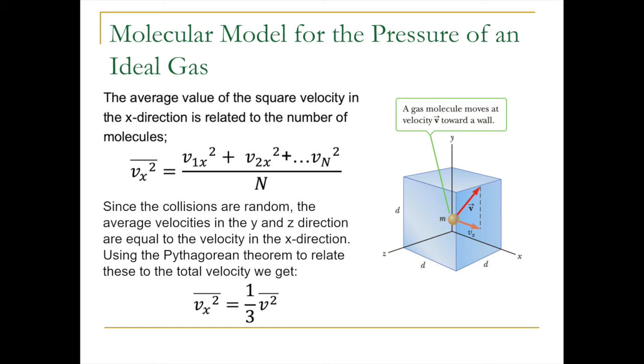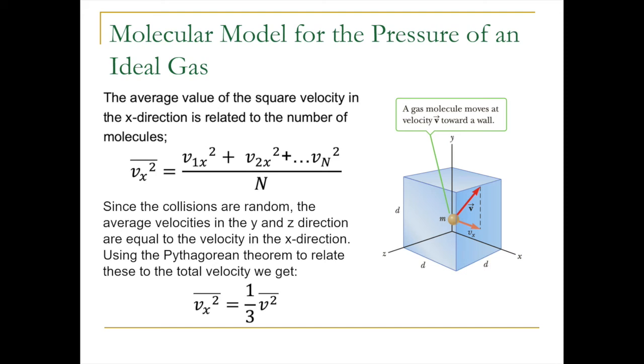What we do know is that the average of the squared velocity in the x direction is related to the number of molecules. If we have n molecules, that means we have n velocities that we're going to add up squared. So we can find the average x direction velocity squared to be the sum of the squared velocities divided by the number of molecules.